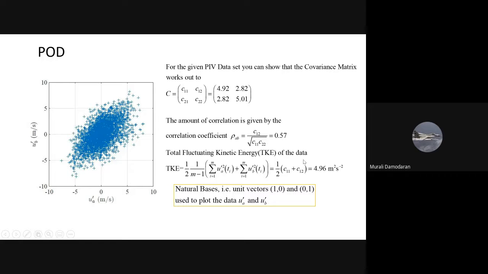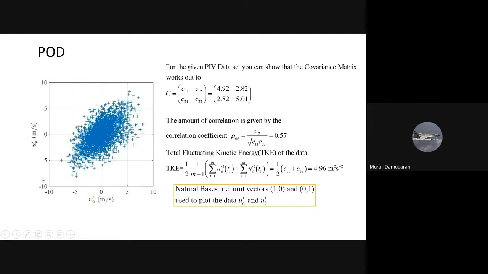That is what is called the energy of the data set, because this is velocity, you can interpret it that way. So if you look at the way this data is plotted, I have UA and UB here, and the natural bases are the unit vectors (1, 0) and (0, 1).